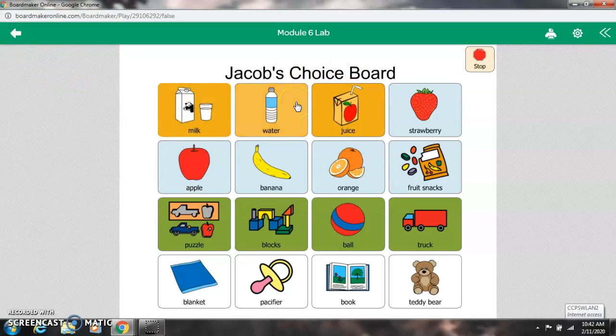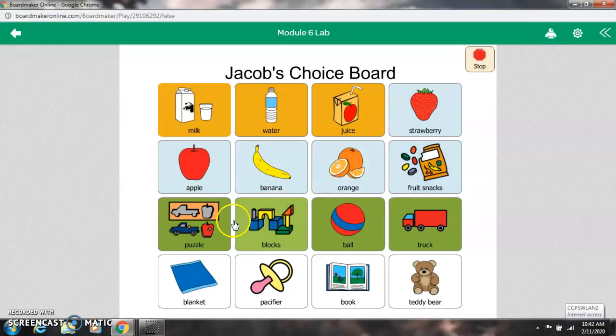Milk, water. I want juice, please. Strawberry. I want apple, please. Banana. Orange.